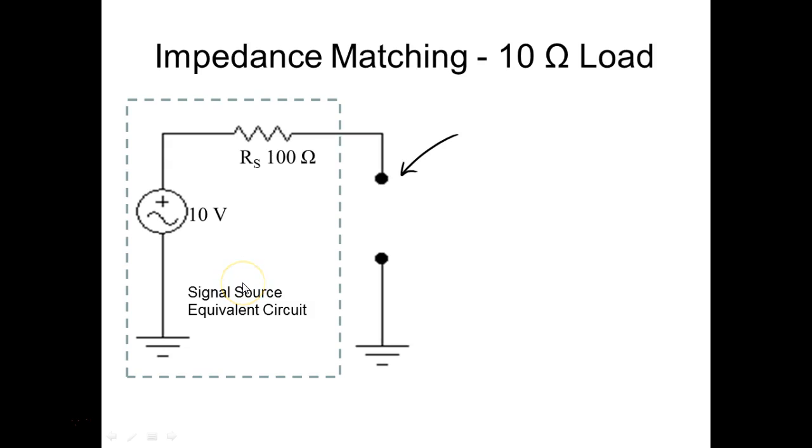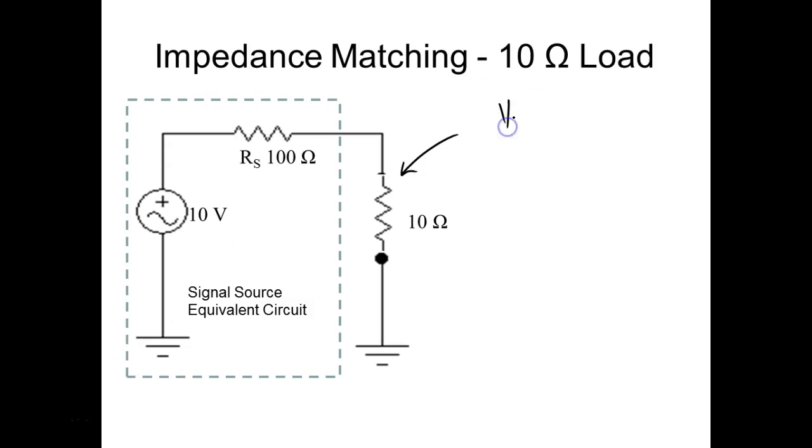So let's do the math. So we'll come up here and we'll slap a 10 ohm resistor there, and we're trying to calculate how much power is getting to the load. So first of all, I need to know the voltage across the load, right? So I use my voltage divider formula.